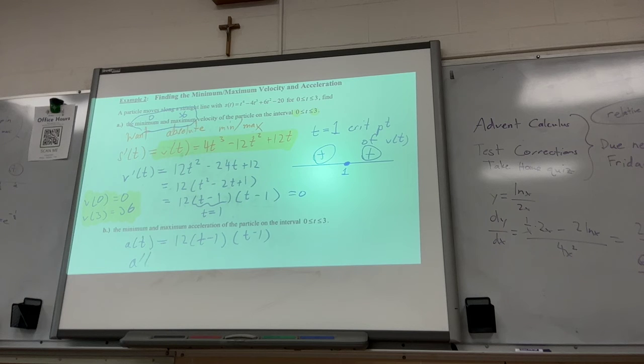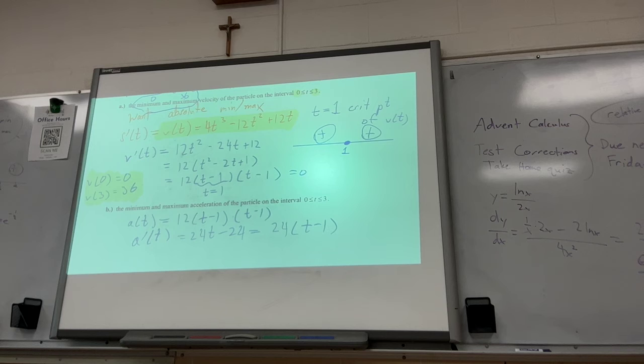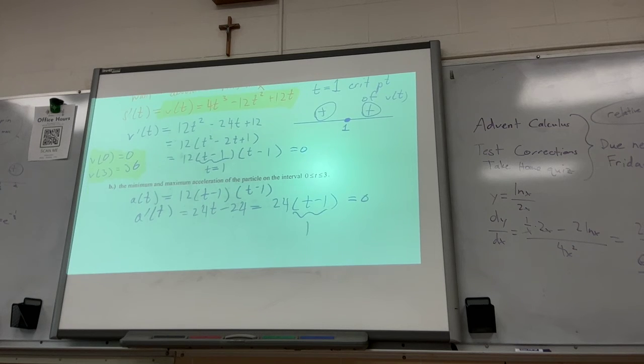A prime of t, I'm just going to take it from up here. So that's a prime of t. We set it equal to 0. Our only critical point is 1. That'll actually be an extremum.